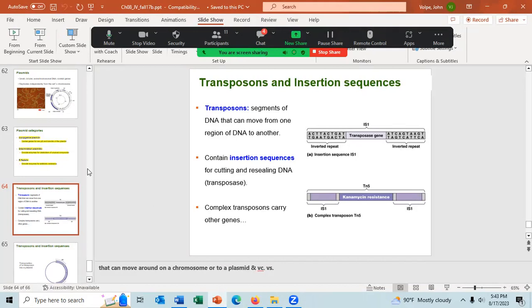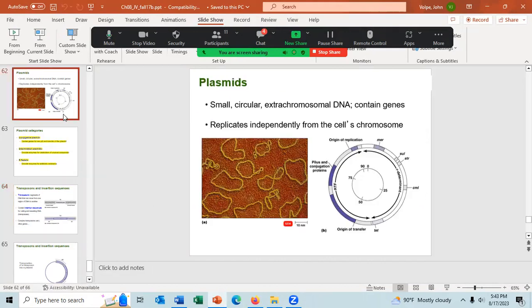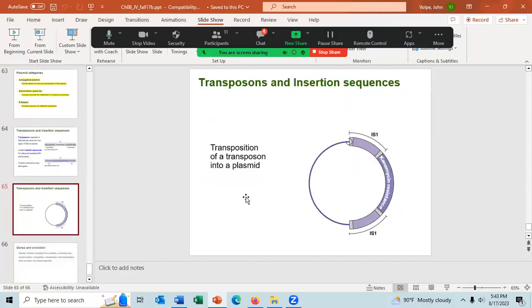And I stated that with plasmids, why they're important is a plasmid is more likely to move from one cell to another cell than the chromosomal DNA. And so transposons, if they move to a plasmid, here's one that did move to a plasmid, then this plasmid is more likely to move into another cell.